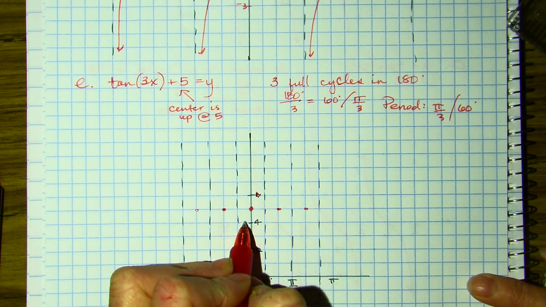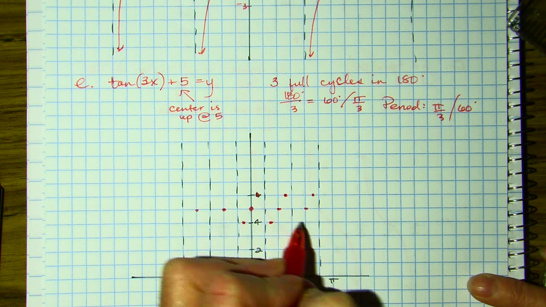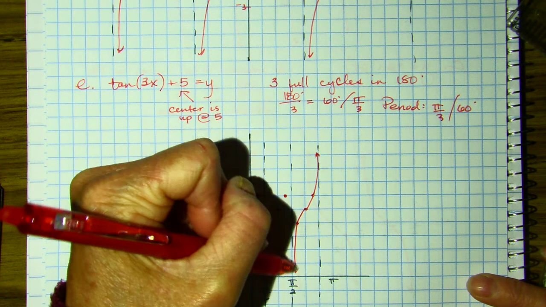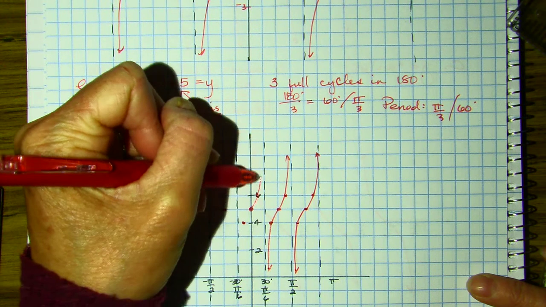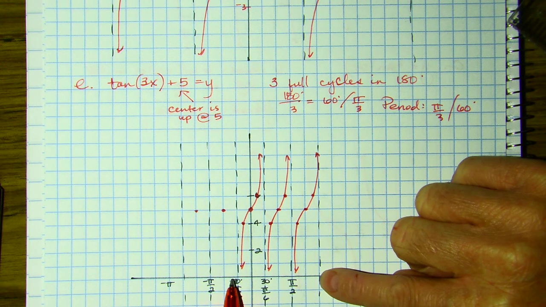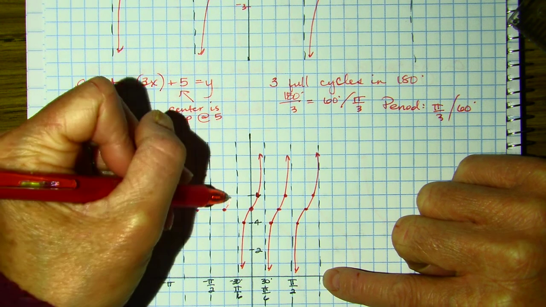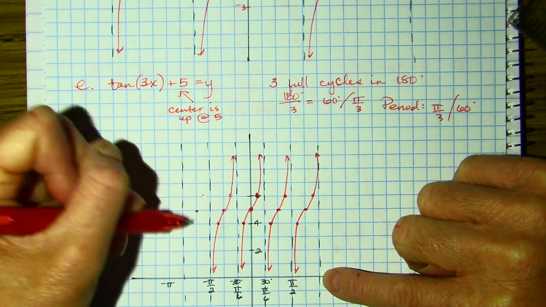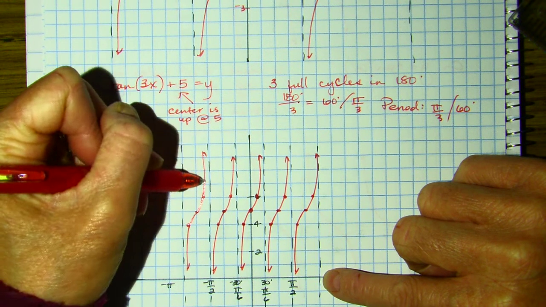So I'm going over half, so I'm going over 15 degrees and up 1 in each direction because I have 3 full cycles in 180 degrees. So, for example, from negative 30 to 150, that's 3 full cycles in 180 degrees. That's what that 3 means. And you can confirm my points using Desmos, but I would put your scale into sixths.